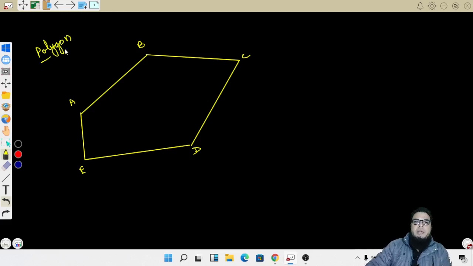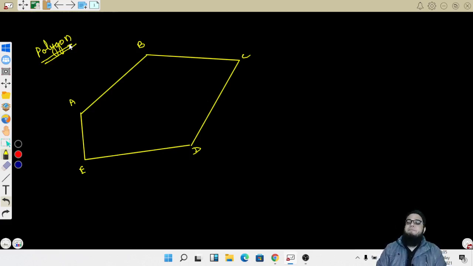Now we have to calculate something. It's a pentagon, an irregular pentagon. Irregular, why? Because all five sides are not equal to each other. So it is a pentagon with irregular sides, meaning all sides are of variable lengths.